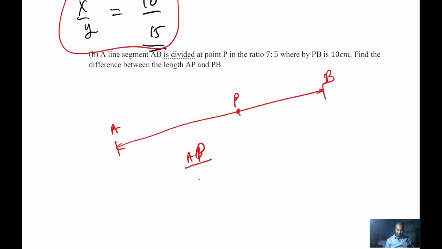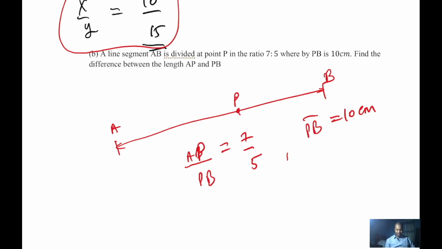So if we take AP divided by PB, you get 7/5. That is the meaning of it. But we were informed that PB equals 10 centimeters. So we are looking for the difference between AP and PB.